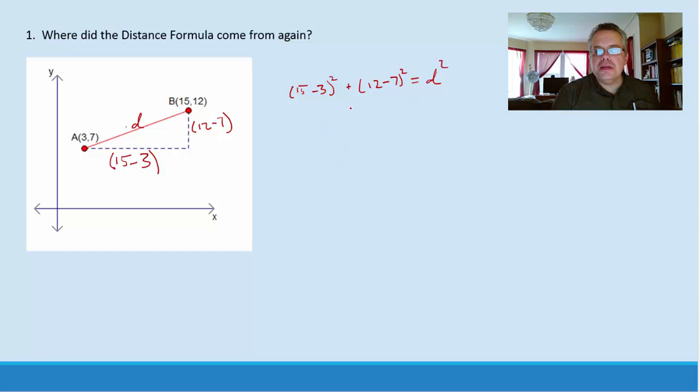All I have to do is take the square root of both sides because I don't want distance squared, I just want distance. So usually we put distance on the left here. It'd be the square root of 15 minus 3 squared, that's the run squared, plus 12 minus 7 squared, that's the rise squared. And that would be the distance.